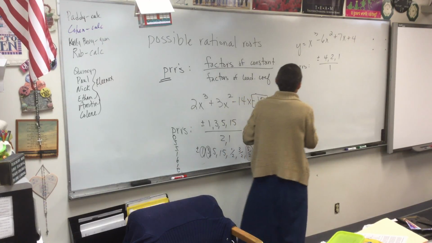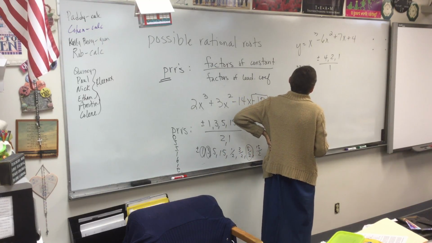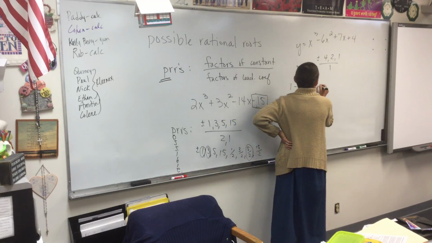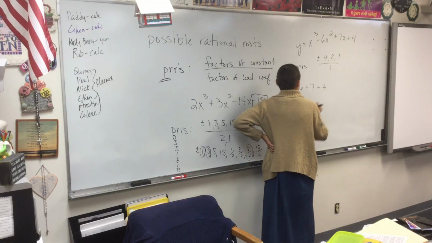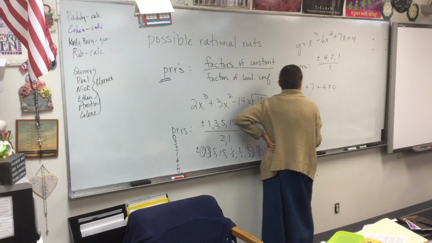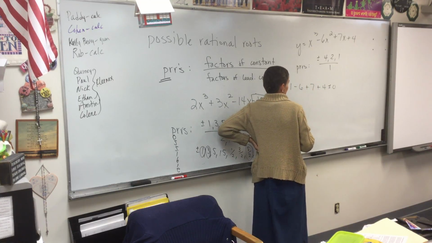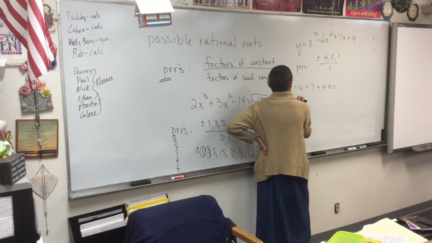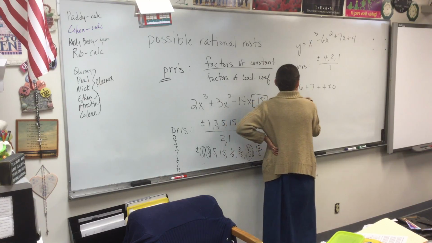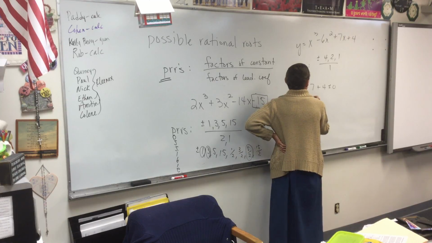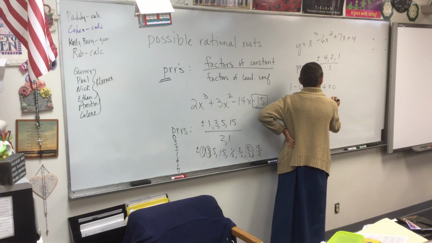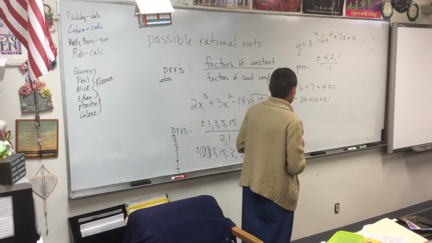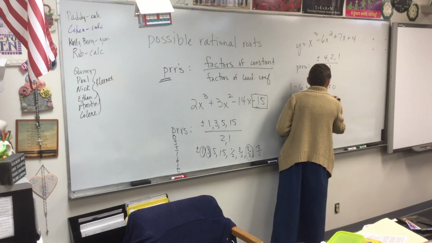So what do you think? I don't think 1 is going to work. Do you? Nope, we don't get 0. We don't care what we get, it's not 0. What about 2? 2 would be 8 minus 24 plus 14 plus 4. Nope, that's not 0 either.